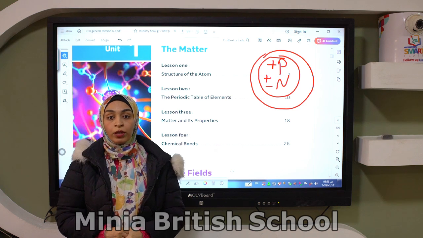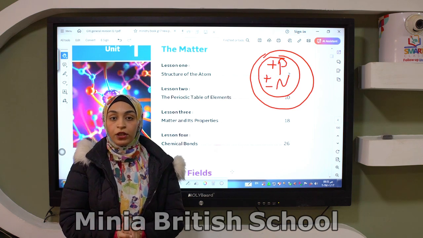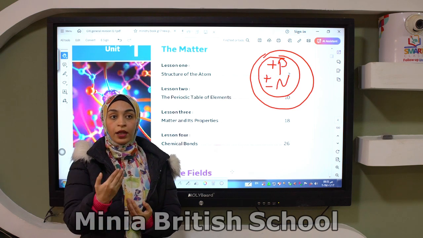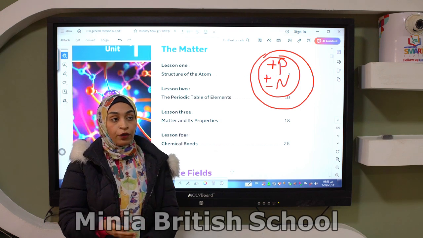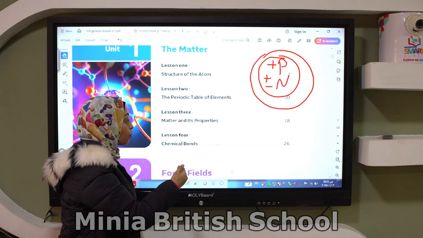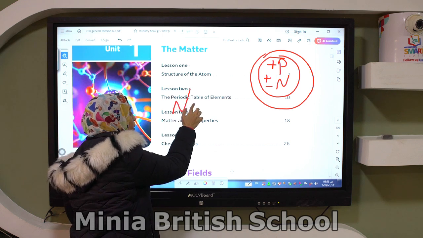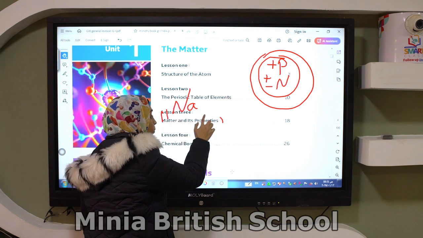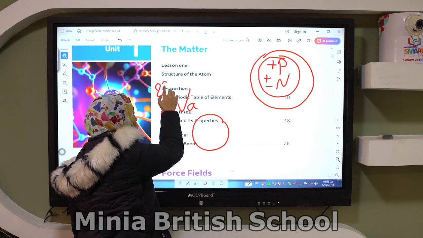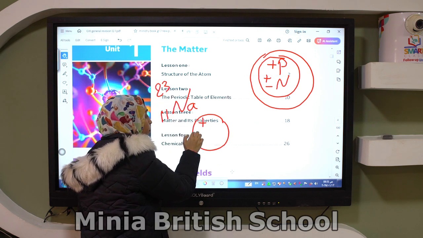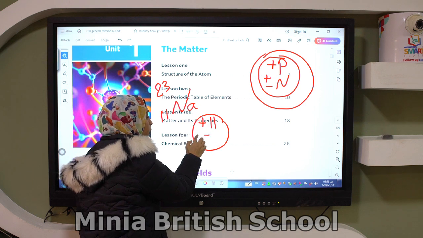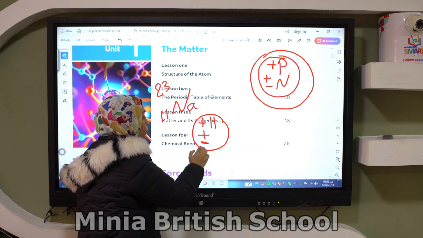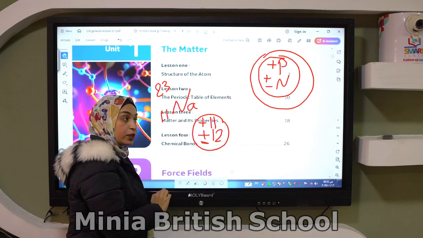And we also talked about how we can distribute the electrons in the energy levels, according to the atomic number. For example, take sodium, which has atomic number 11. When we distribute it, first I write inside the nucleus the positive protons, which is 11, and the neutral neutrons, which is 12, as we see.